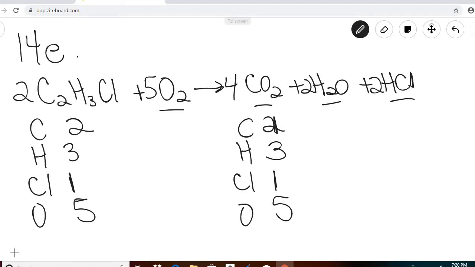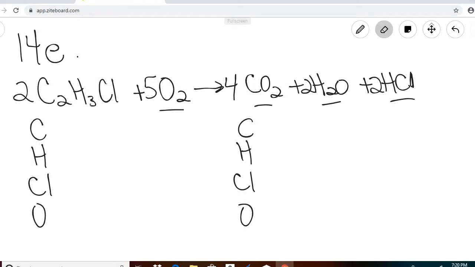So now if we look at what we have, 4 carbons on this side, and we have 4 carbons on the product side, 2 times 2 is 4. Hydrogens, we have 6 on this side, 2 times 3, and we have 2 times 2, which is 4, plus 2 times 1, which is 2 more, so that's 6 of those.